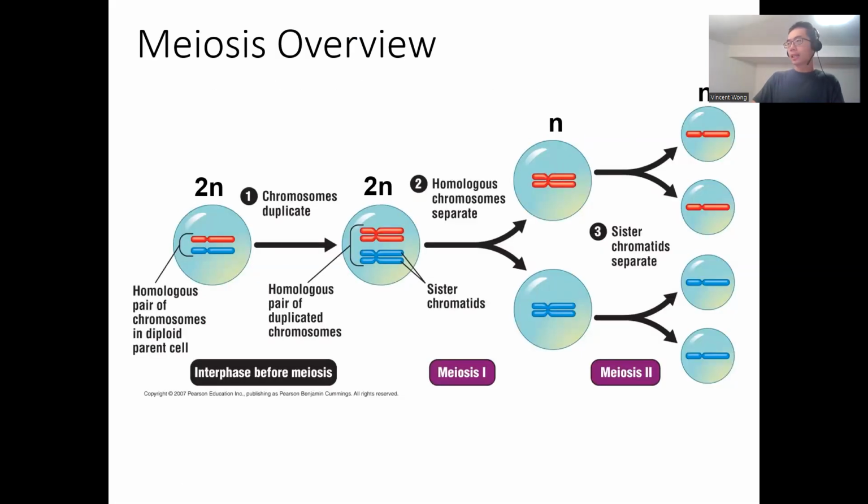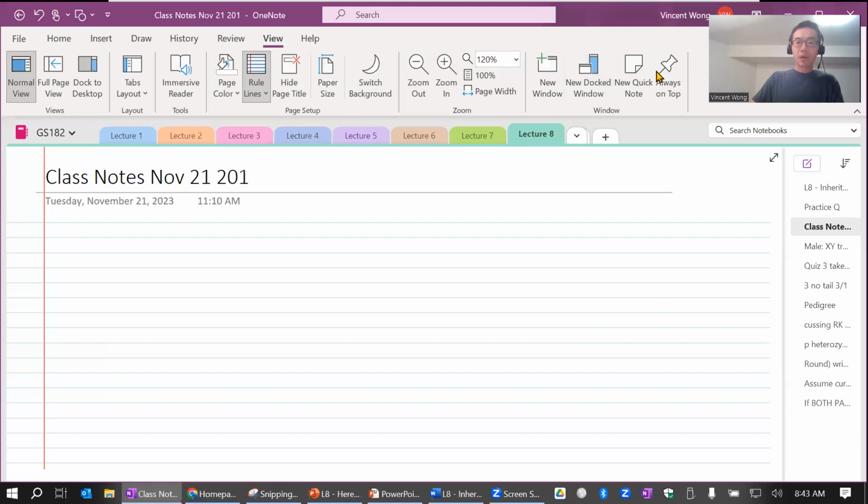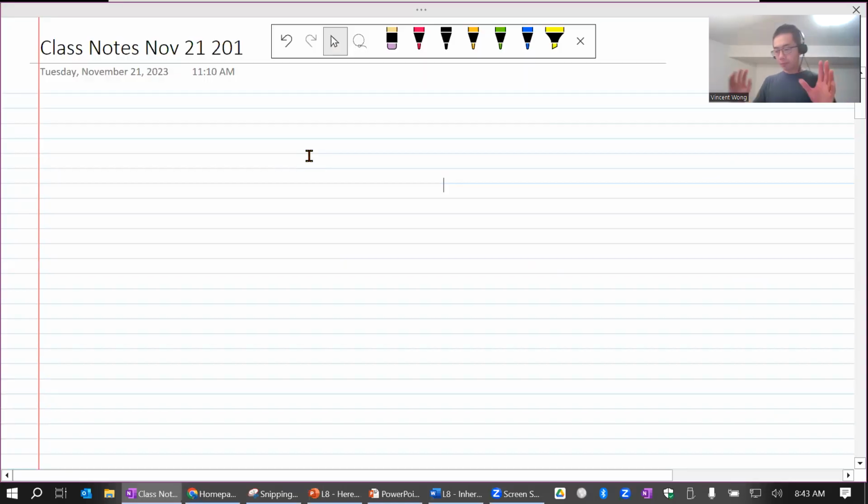So I'm going to draw this out for you to help you understand it a little bit better. If you have colors, please take them out. You will need to have three colors, preferably black, red, and blue. Okay, so this is meiosis.